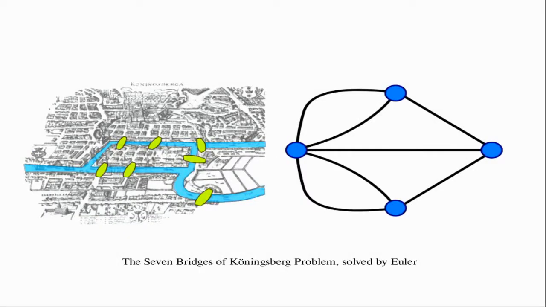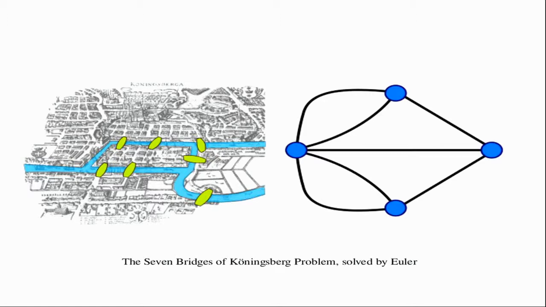Topologies began with really Euler, who solved the seven bridges of Königsberg problem, which was a network of bridges in Prussia. The question was: is it possible to traverse all of those four regions, crossing each bridge only once?